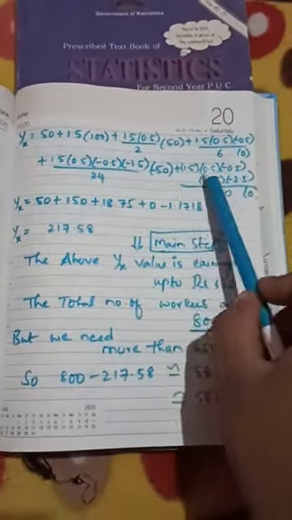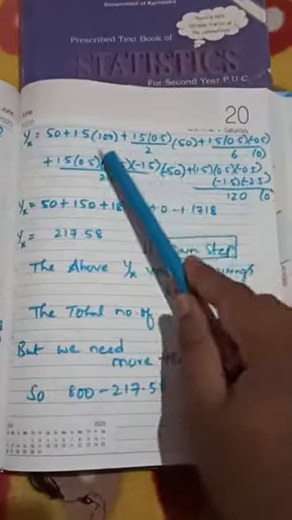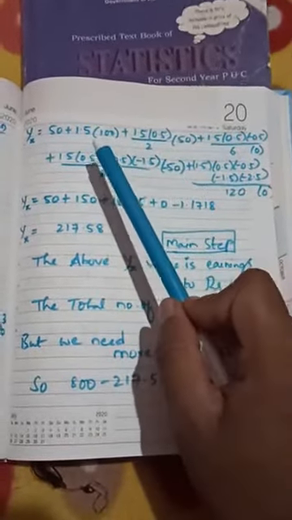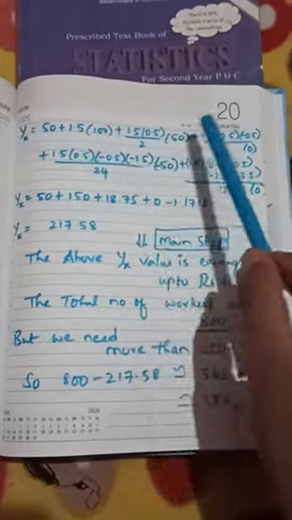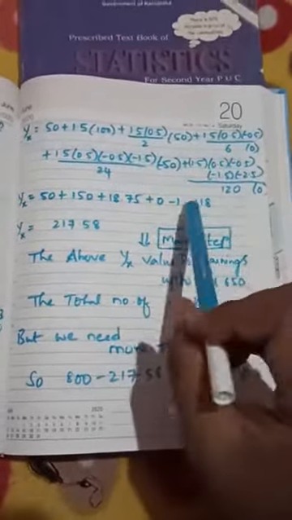So that way you should keep on substituting all the terms from y naught to delta naught 5, along with x minus 1, x minus 2, x minus 3, x minus 4, all those kind of arithmetic progression terms.